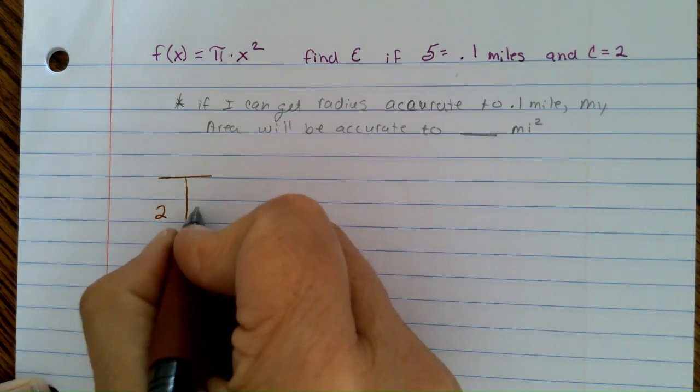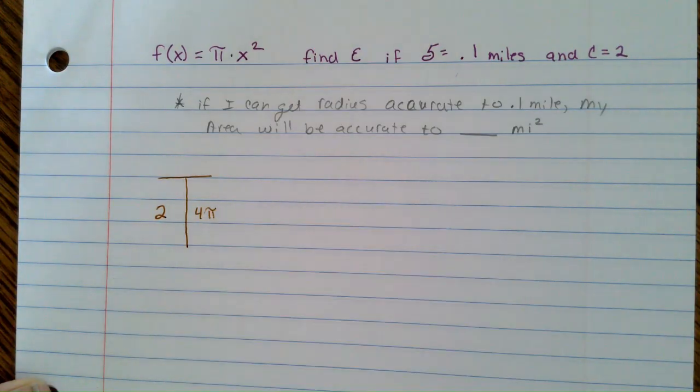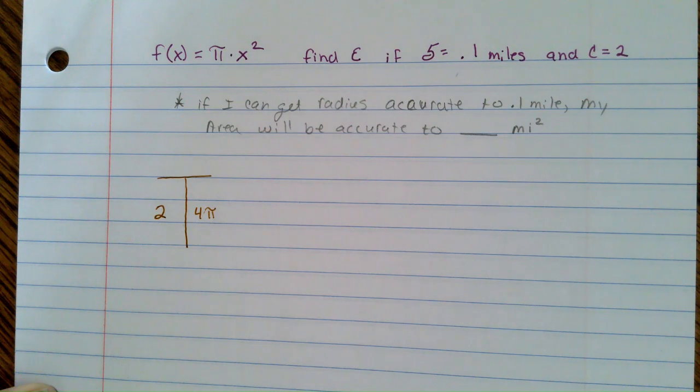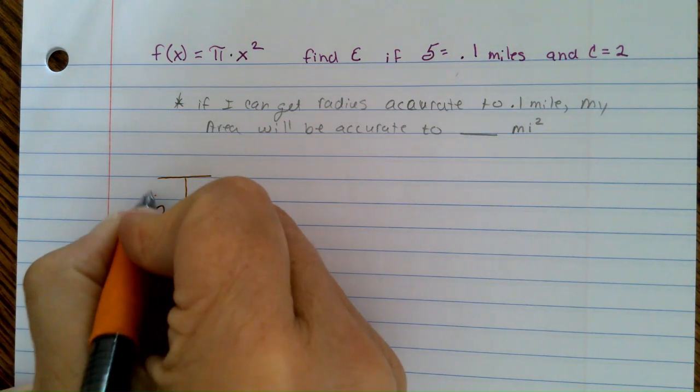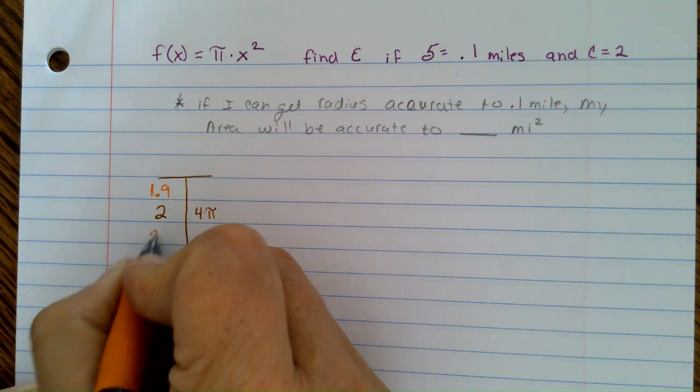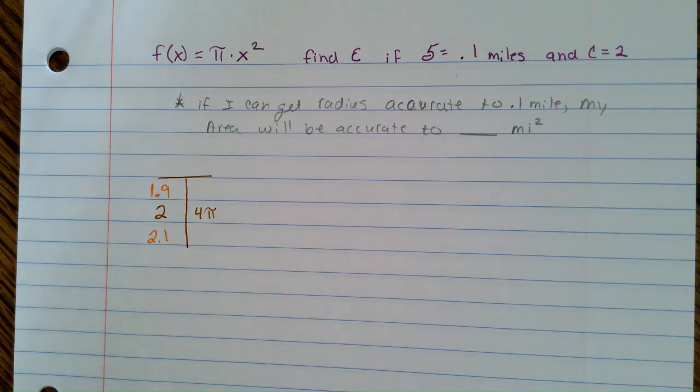We know at 2 miles it'll be 4 pi. But I might have not been perfectly accurate on that too. It might have been as low as 1.9 or as high as 2.1. That's what I mean when I say my value is within 1/10.